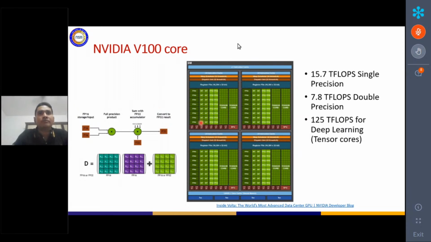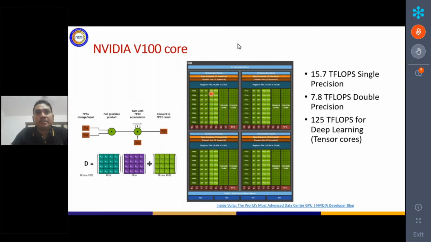Now, if you look at one NVIDIA core itself, this is the core of V100. You can see that it has floating point 64, so this is the double precision unit, and integer units. Basically all these are MAC units. You can see here floating point 16, two values will be multiplied and accumulated with a 32-bit floating point, and then it will generate 32-bit data, right?